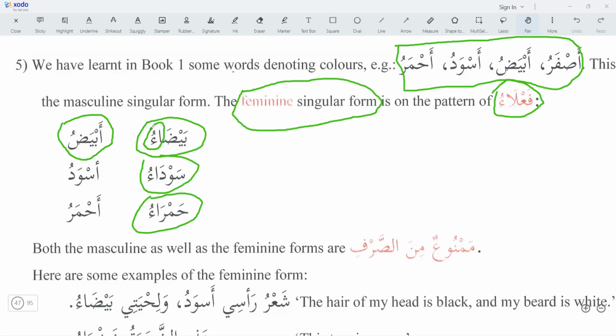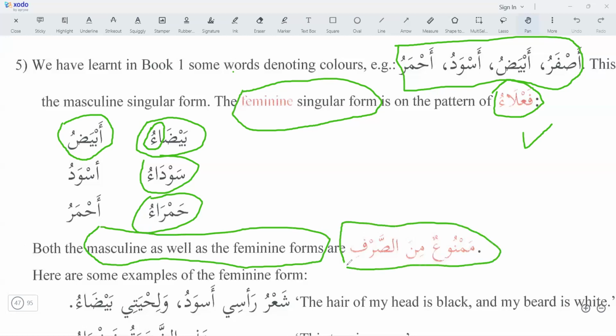Like this we can make the feminine singular from the masculine, on the pattern of fa'la'u. Both the masculine and feminine forms are mamnu min as-sarf. They don't take the tanween and they don't take the kasra.